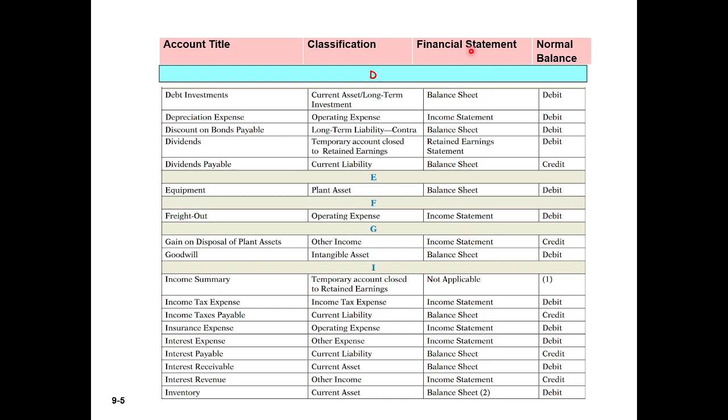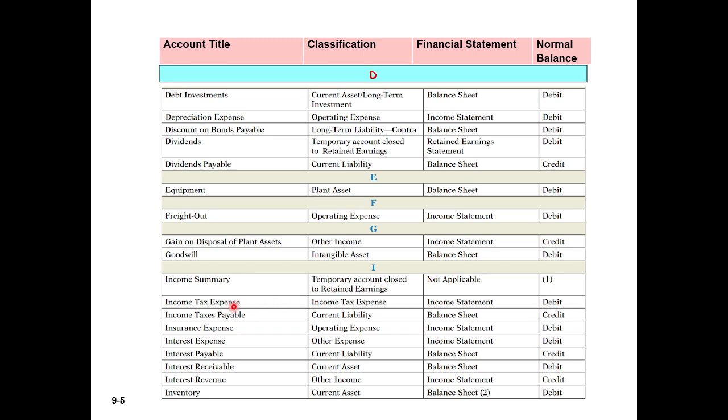In our financial statements, income summary is not applicable, income tax expense is in the income statement, income tax payable in the balance sheet, insurance and interest expense in the income statement, interest payable and interest receivable in the balance sheet, interest revenue in the income statement, and inventory in the balance sheet.